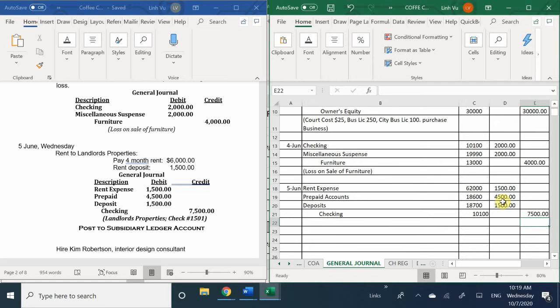Okay? Now, before we go to the ledger, what's the most important thing that we need to do? Any wild guesses?